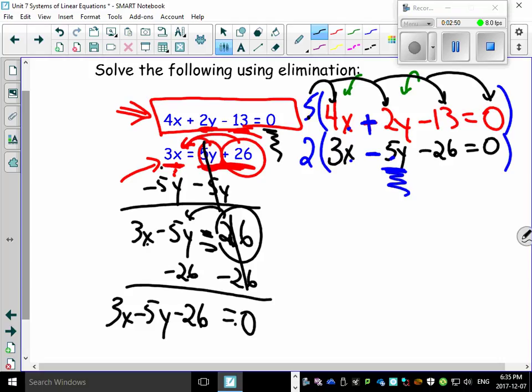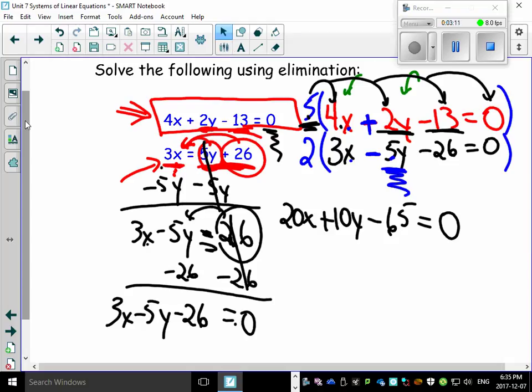Okay, so look, 5 times 4x is going to give me 20x. 5 times positive 2y is going to give me positive 10y. 5 times minus 13 is going to give me minus 65 equals 0. Right? You with me? Perfect. Now watch what happens when I multiply this guy here by 2.